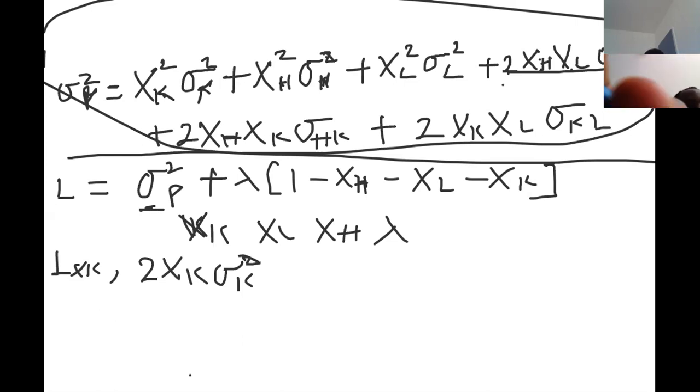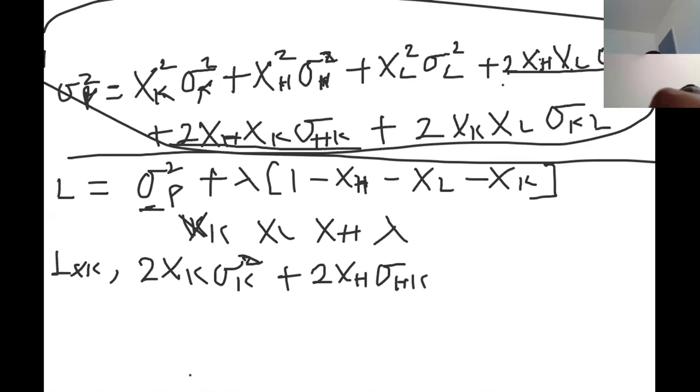There's also a K in the 4th component, so when I differentiate that one also with respect to K, I'm going to have plus 2xH covariance of H and K.